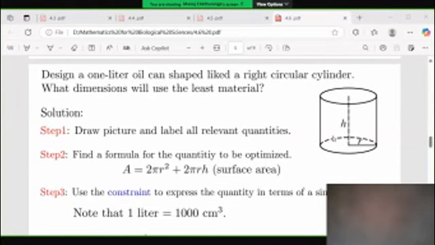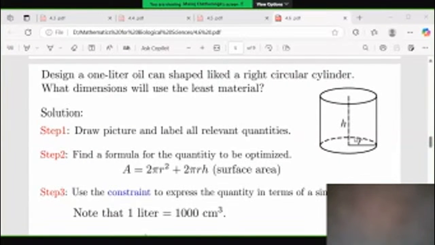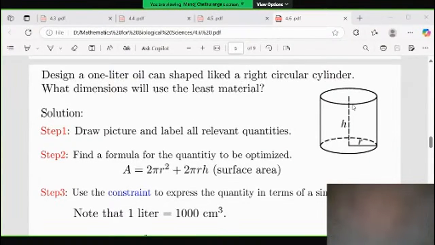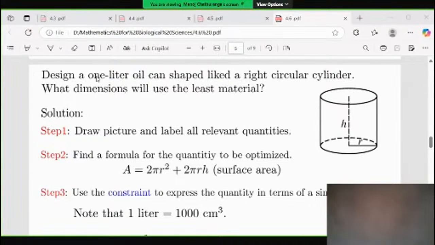So the base is a circle, and volume depends on two parameters: radius of the base and height. You cannot arbitrarily change radius and height because we need it to have a certain volume.